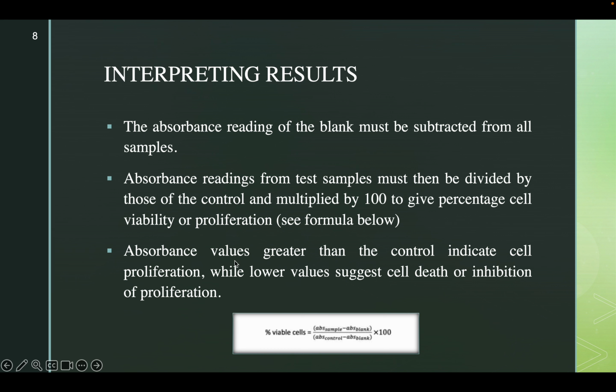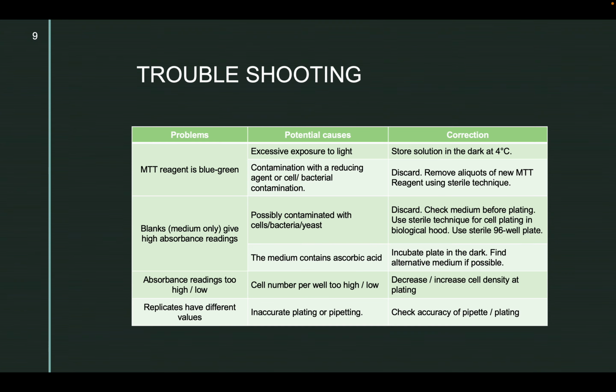The percentage of viable cells equals absorbance sample minus absorbance blank, divided by absorbance control minus absorbance blank, and multiplied by 100, and then you will have the percentage of cell viability. Absorbance values greater than the control indicate cell proliferation, while lower values suggest cell death or inhibition of proliferation. If you do any technique, it will help with troubleshooting.